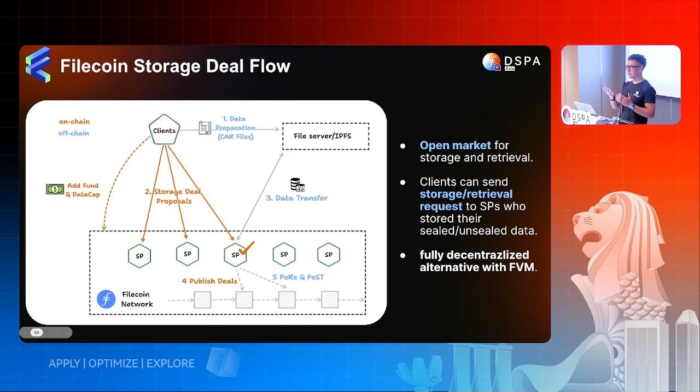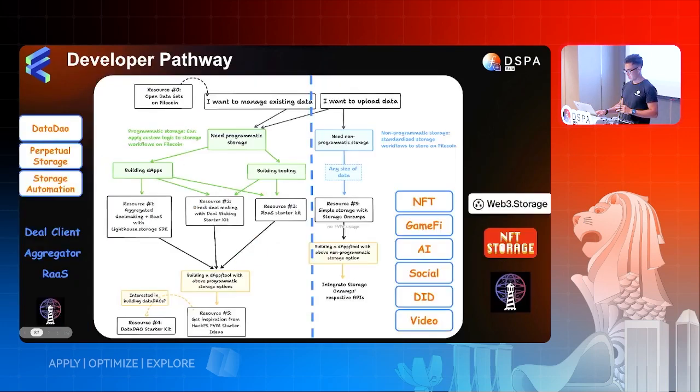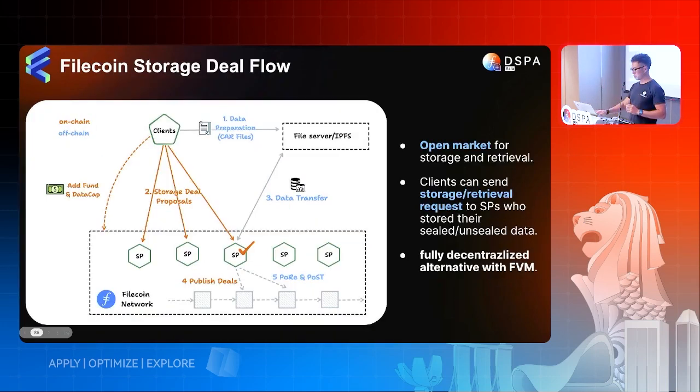And also we have the client contract that you can directly propose a storage deal with, and then the storage deal will emit events for the storage provider to pick up. This might change a bit, and we are completely building a fully decentralized application or storage alternative on FVM. So that's the path that might change for the storage deal flow.